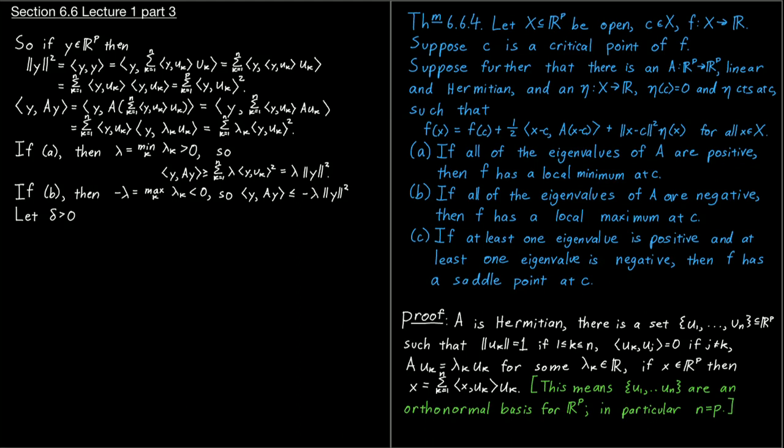So we're going to let delta be a positive number such that if the norm of x minus c is less than delta, then we'll say lambda, which in either case is positive, is greater than eta of x minus eta of c, but eta of c is in fact 0. So this is eta of x.